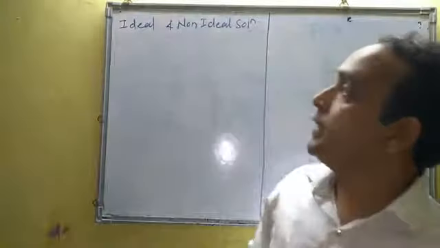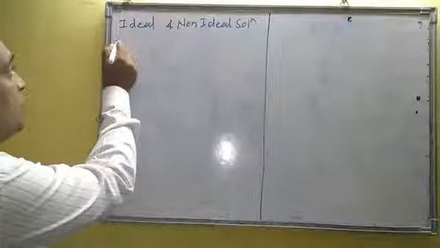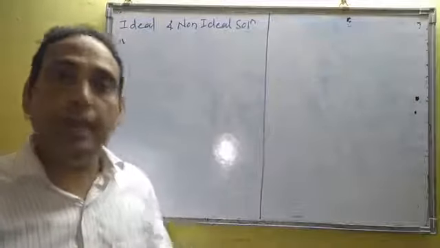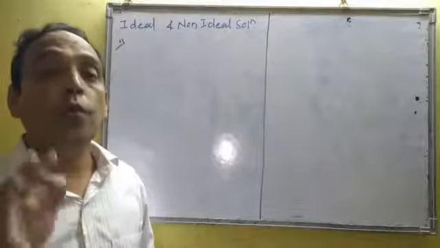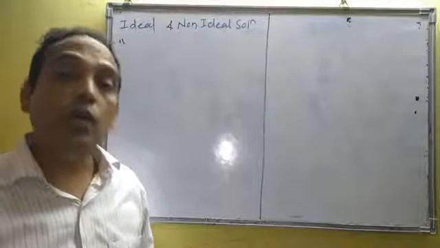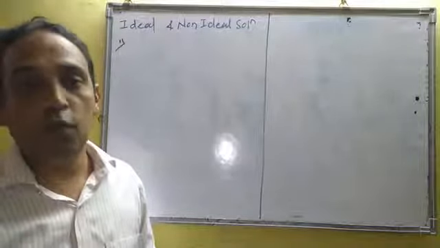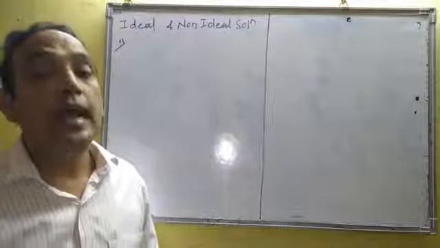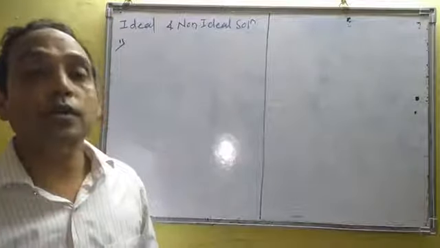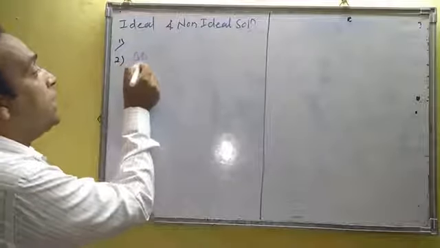Actually, ideal solution, first point: a solution of two or more components is said to be ideal if it obeys Raoult's law over an entire range of concentration. Now, second point, there is no change in enthalpy.